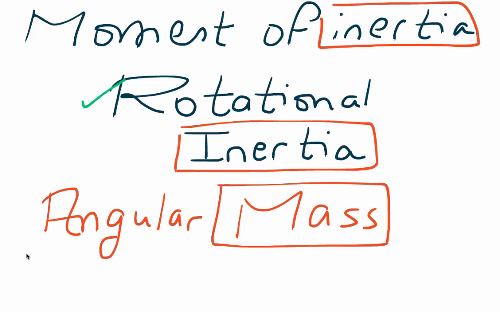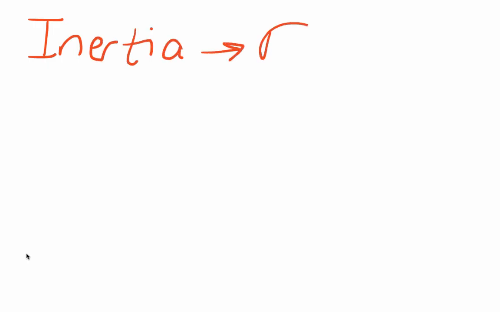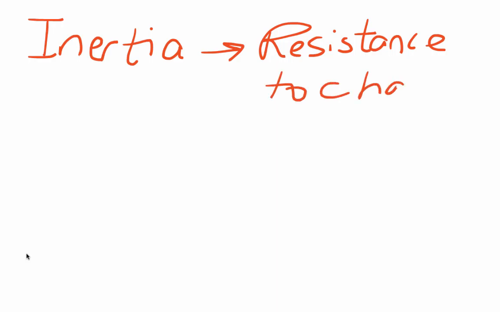Now, let's explain the physical meaning of the moment of inertia. The word inertia, which is relevant to Newton's first law, is the resistance of an object to motion in case it's at rest, the resistance of an object to move in case it is not moving. So it's the resistance to change the state.